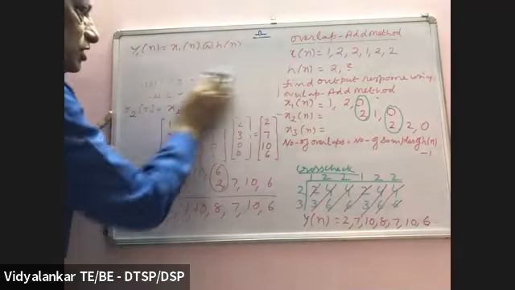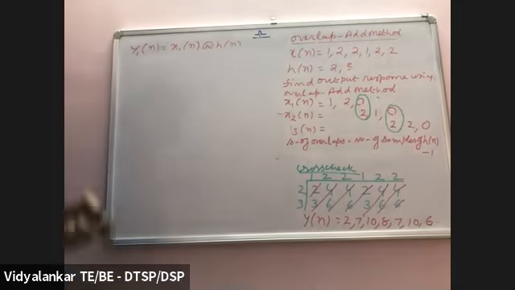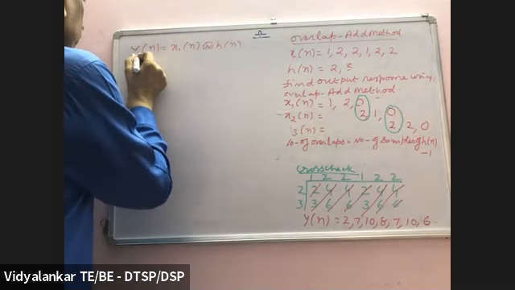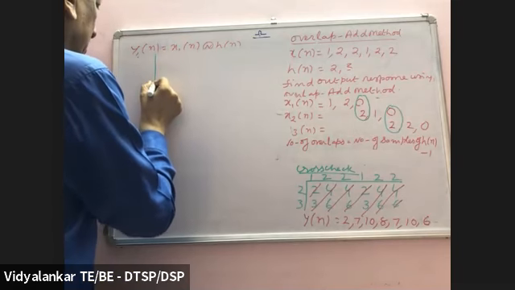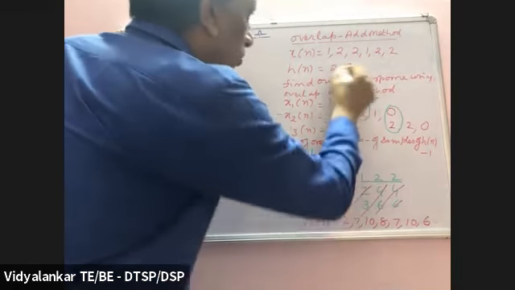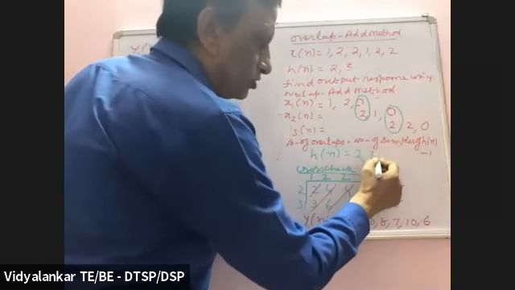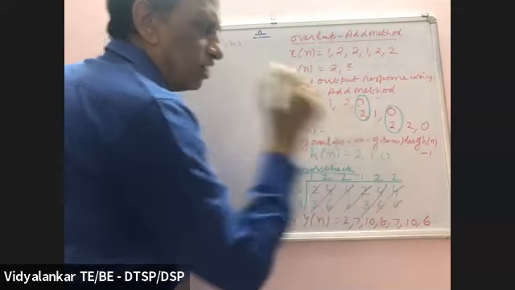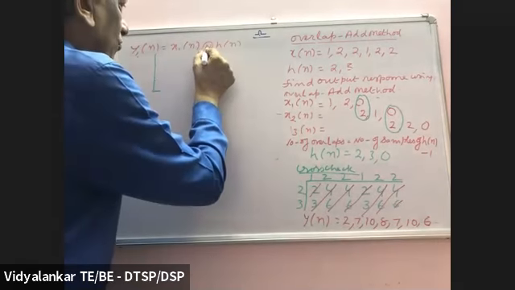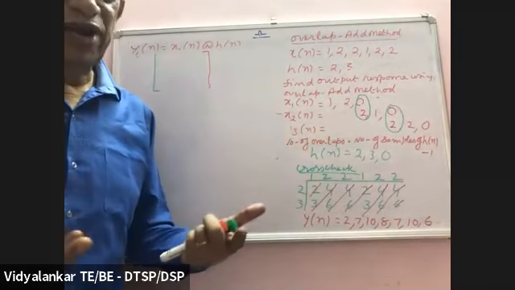Now y1[n], which is x1[n] circularly convolved with h[n]. What is h[n] here? 2 3 is given. Because x1 has 3 values, x2 has 3 values, x3 has 3 values, h[n] also we require 3 values. So 2 3 0 will be there. Earlier one of our friends asked me, if you make h[n] a square matrix, then it becomes easy.